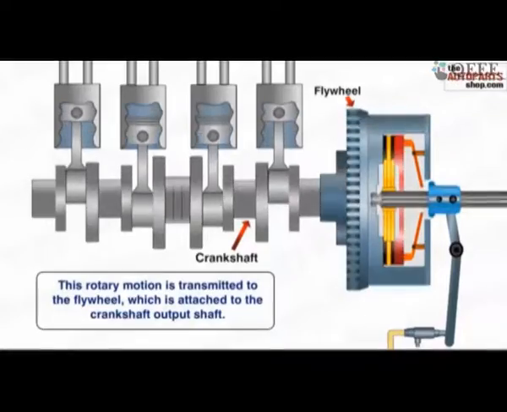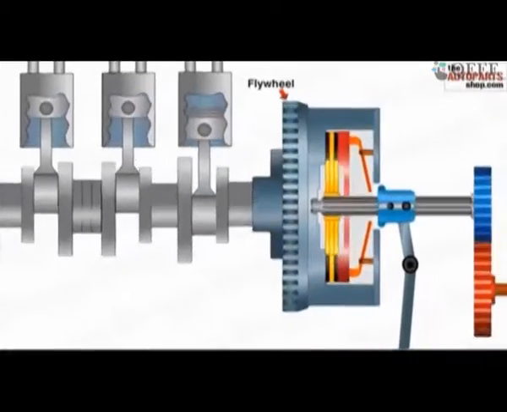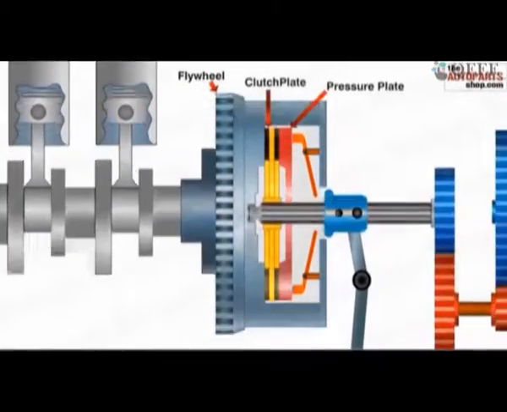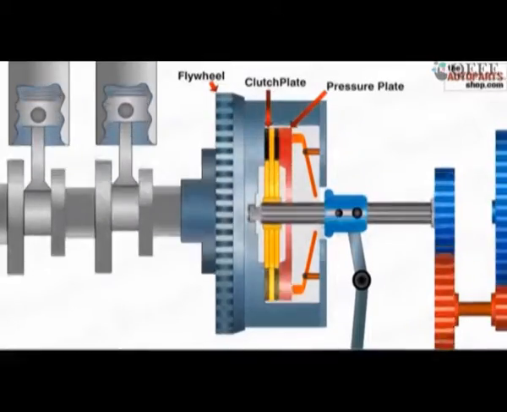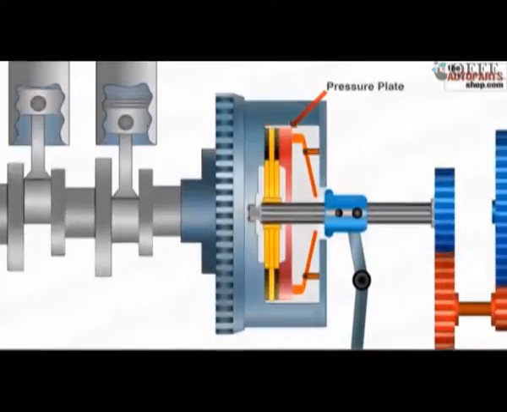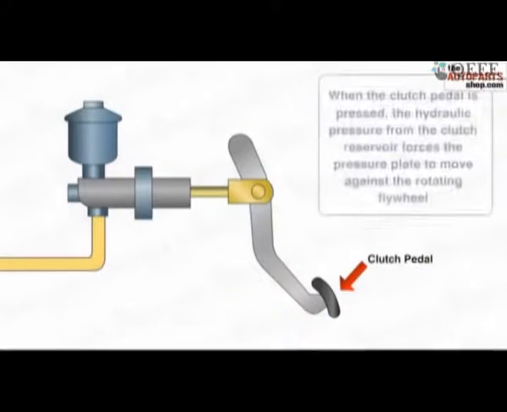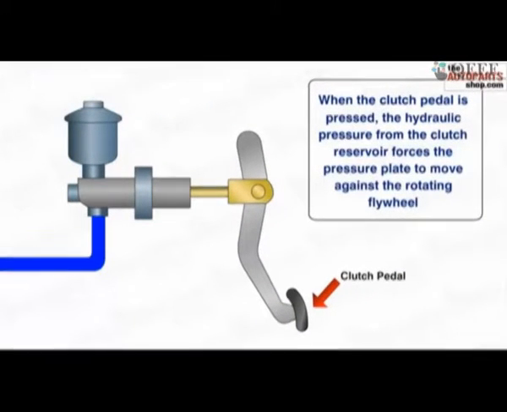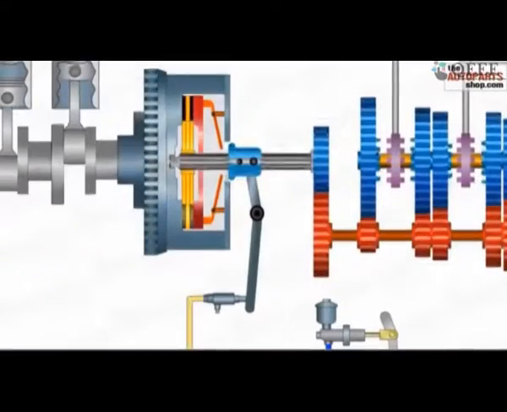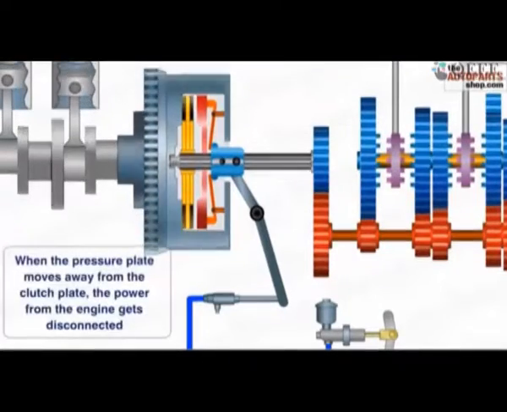And from the flywheel, we will show the clutch plate also. So this is the clutch plate. The clutch is like a mechanical switch. When the clutch engages or disengages, the power is transmitted or it is stopped. So this is the operation of a clutch. A clutch can operate using the principles of hydraulics.